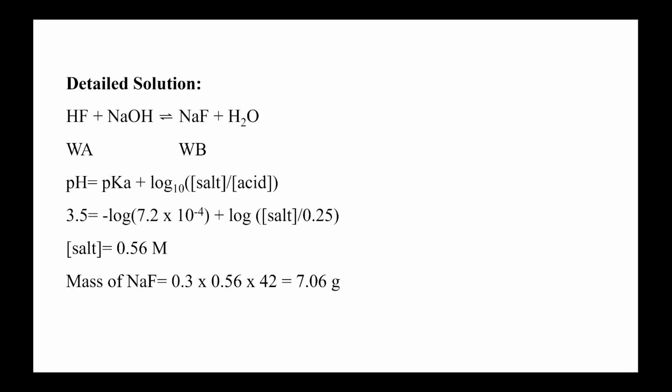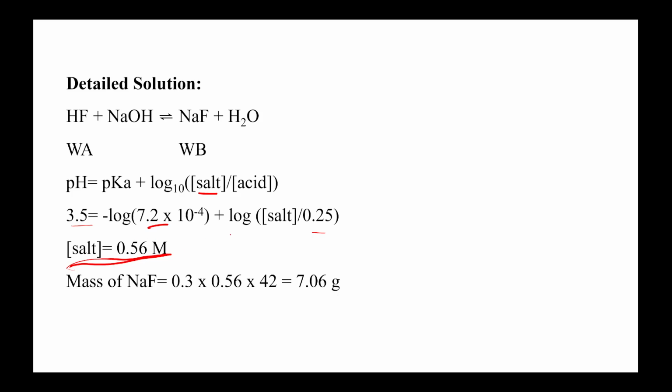I've already explained how to calculate the salt concentration. I hope till this point everyone is able to solve the question. We have the Ka given, so you can calculate the pKa. We have the pH, we have the acid concentration. So from this equation you can solve for the salt concentration. I hope this part is clear.